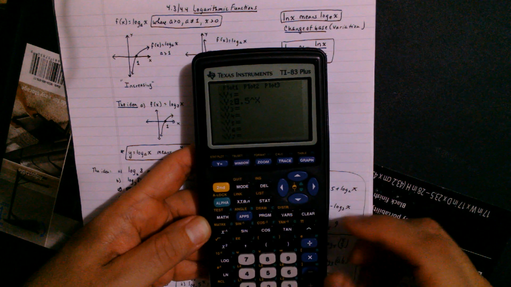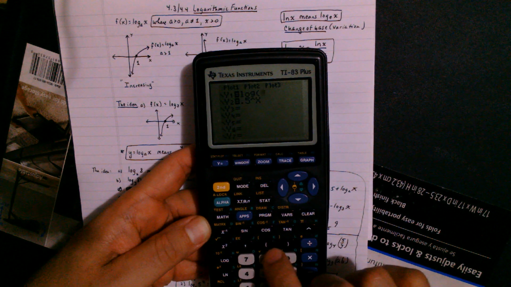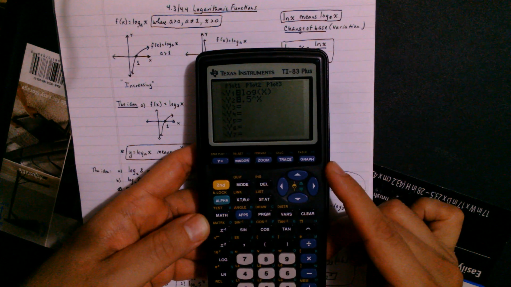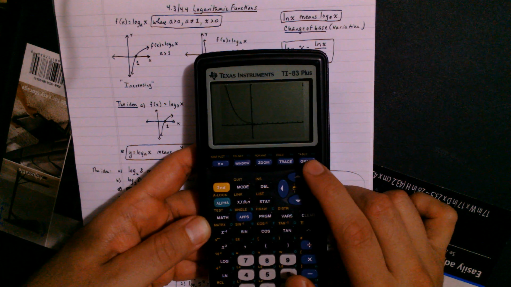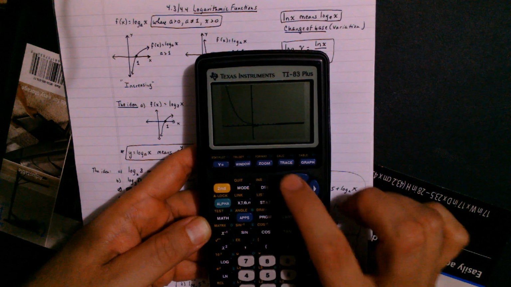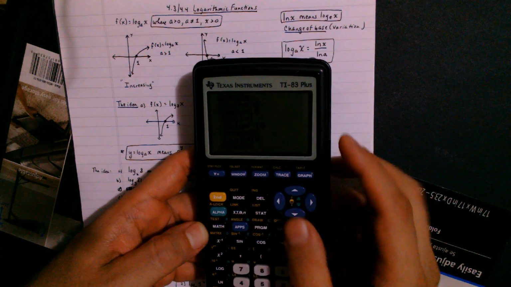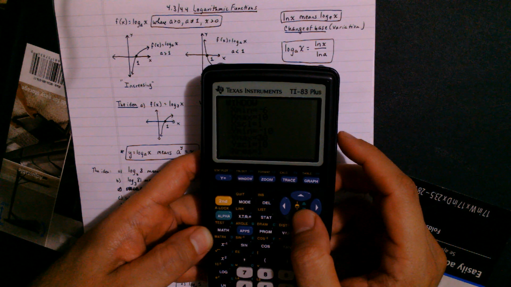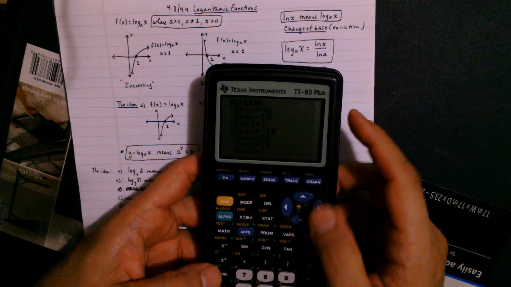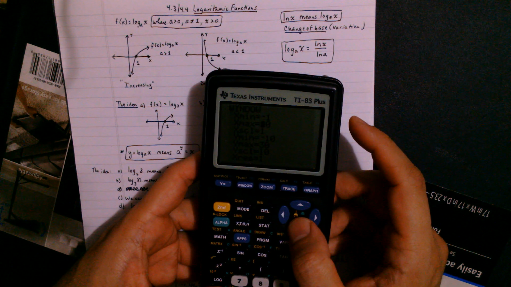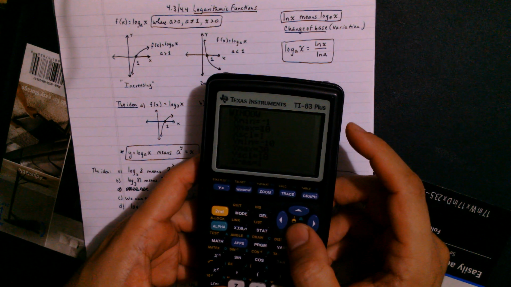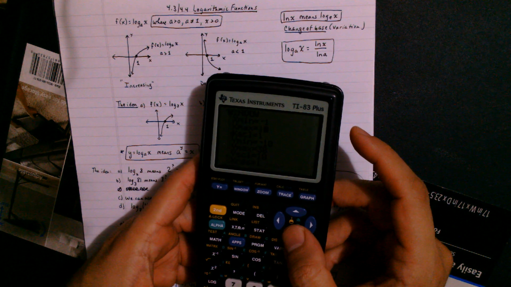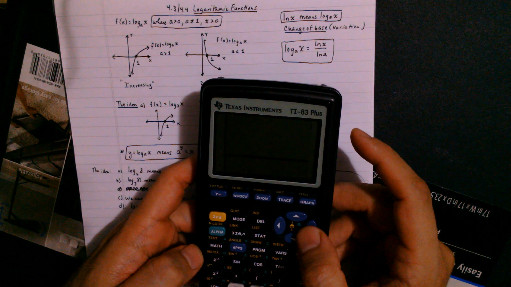Now, if I put y equals log of x, and I realize that it doesn't have a little base, but a logarithm with no base is understood to be 10. So let's see if I can, should come from the bottom. I didn't put enough here, so let's see. The window, let's say x is minimum -1. Max is, I guess 10 is fine. Log base 10 of 100 is 2. So let me go 100. Let's see if that changes anything. No, that makes it worse.